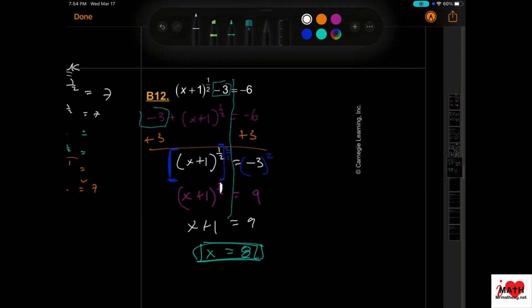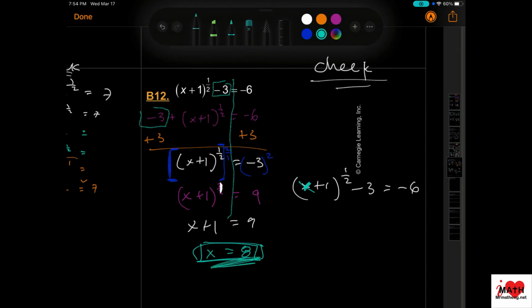All right, let's check our answer. Let's do it down here. x plus 1 to the 1/2 minus 3 equals negative 6. And we said that x is equal to 8.